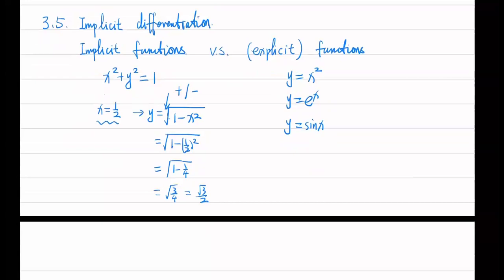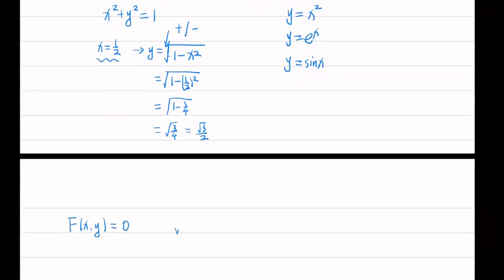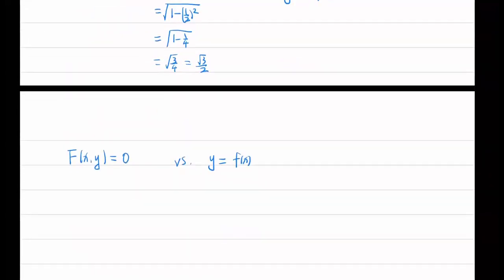More generally, an implicit function has the following form. Some common notations for explicit function: the dependence is explicit, and for implicit function, give you an x, the value of y is determined by this equation.